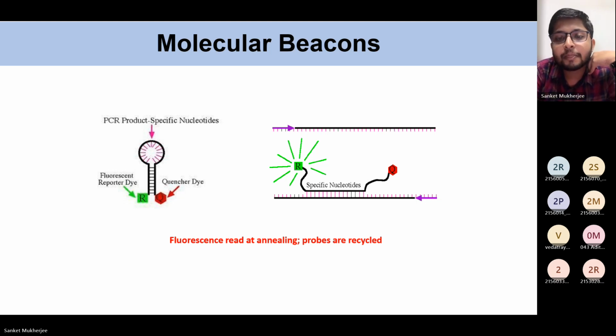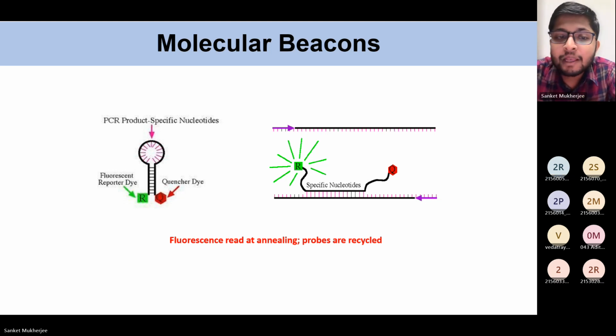Extension. So while denaturation has happened and annealing is going on, at that time this will open up and it will bind to the specific target, and it will give you fluorescence. Clear?